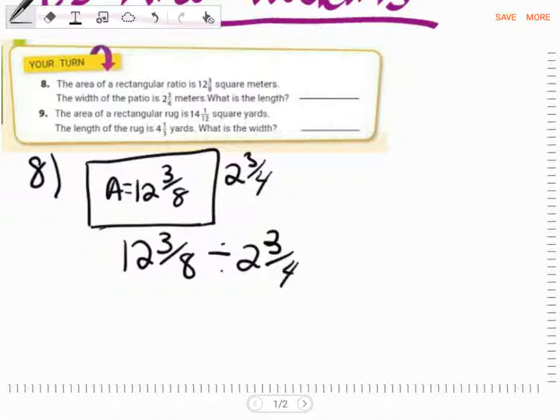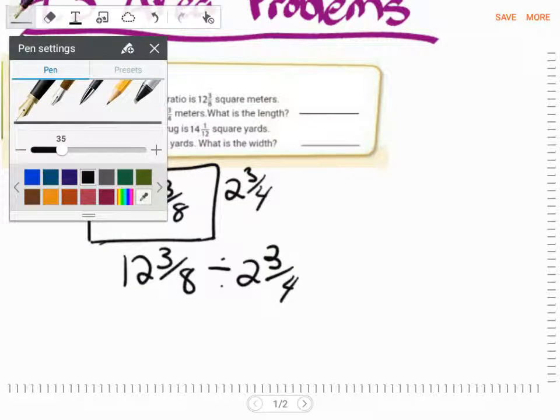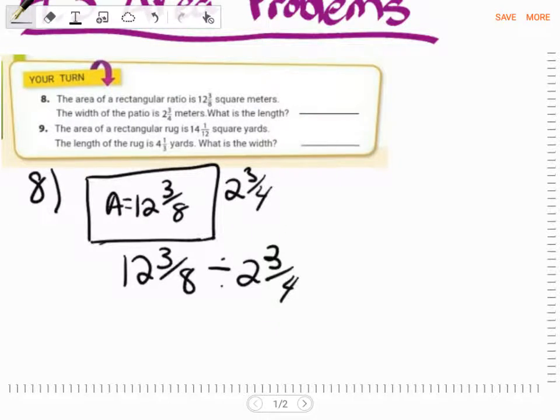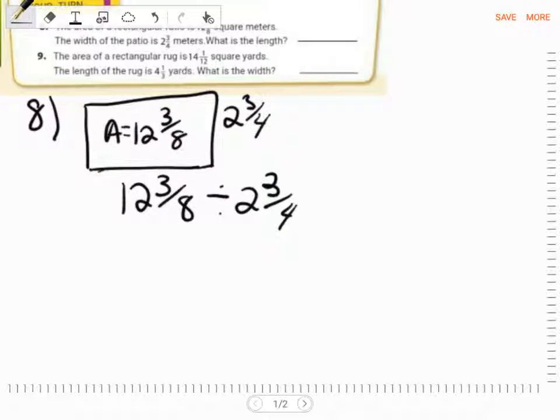This pen is a little weird. I'm not sure I like it. Let me try this one. So 12 3/8 divided by 2 3/4. I've got these mixed numbers and I'm trying to divide them. Let me label some steps over here to the side. My first step is to change from mixed numbers to improper fractions.